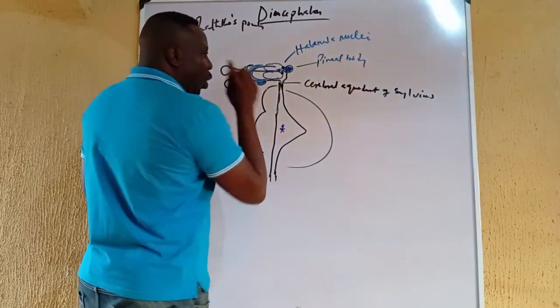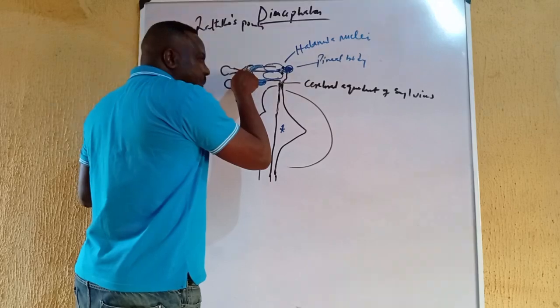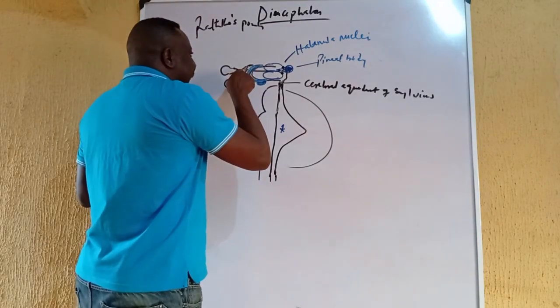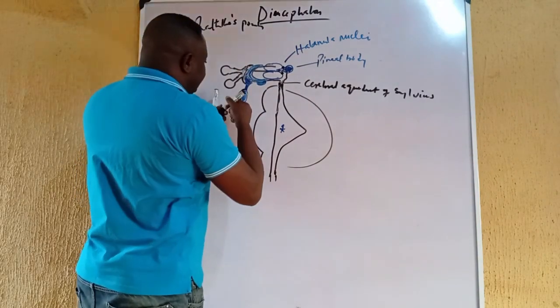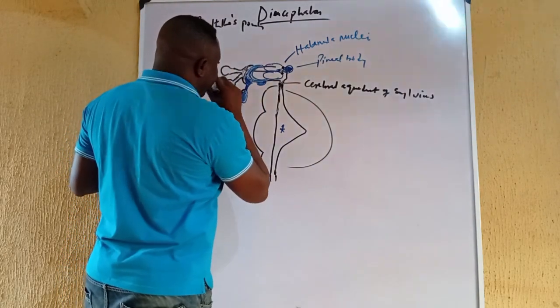Of course you know that the optic nerve gives rise to the optic chiasma, right? And the optic chiasma eventually gives rise to the optic tract.